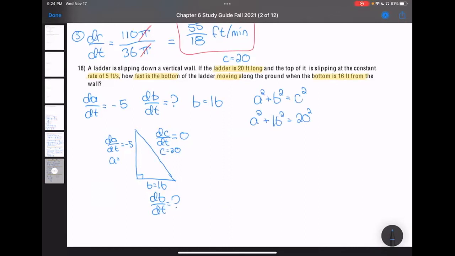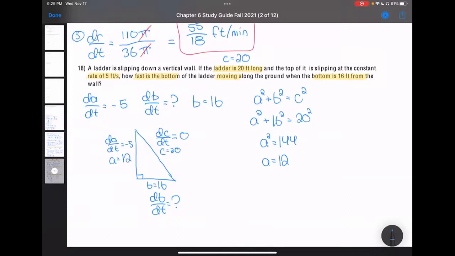So let's just quickly solve for A. So we'll take 20 squared minus 16 squared gives us A squared equals 144, so A gives us 12, because the square root of 144 is 12. Okay, so now we know that A equals 12.